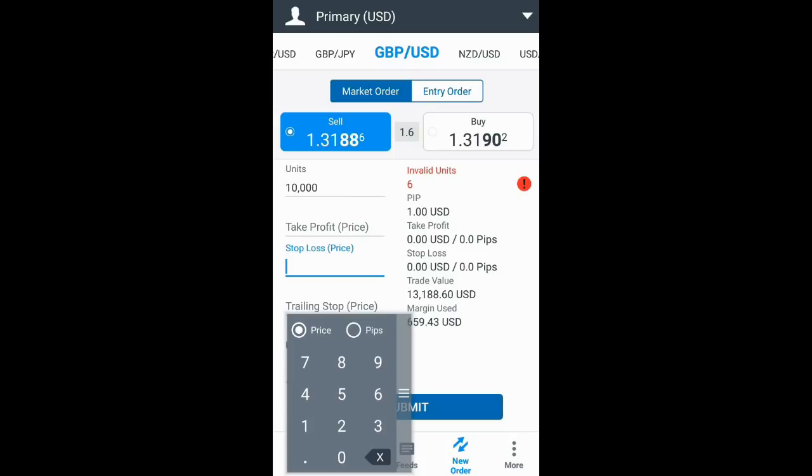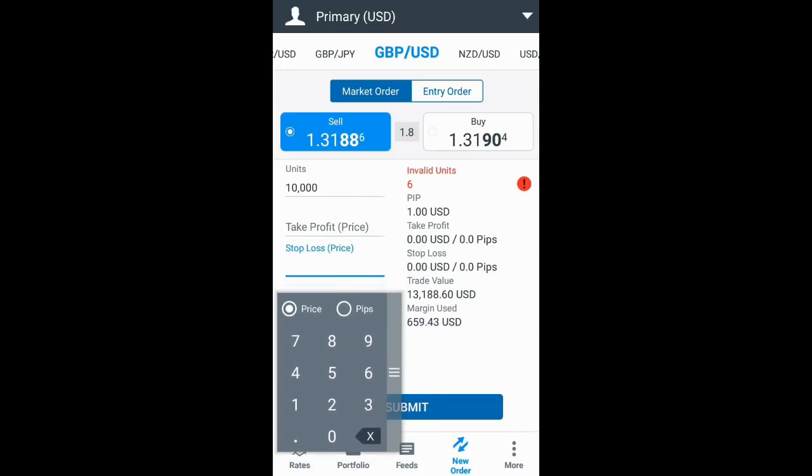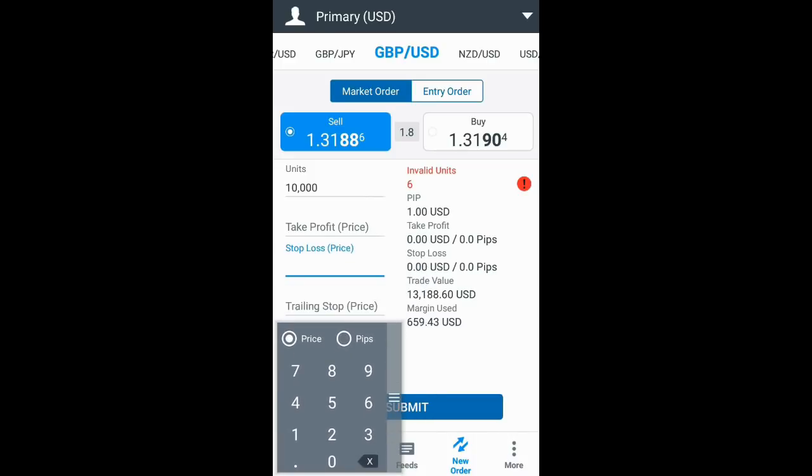So I'm going to click here. We already determined that each pip is worth $1. Okay, $1 is the same as 1 pip. I'm going to see this gray box here, and I'm going to click on the button where it says pips.